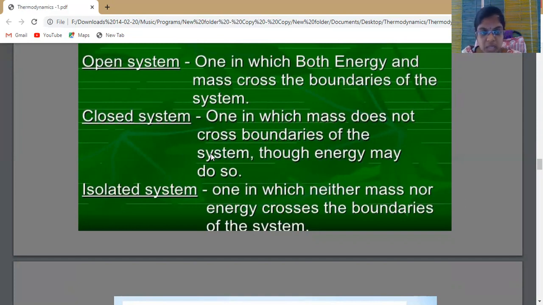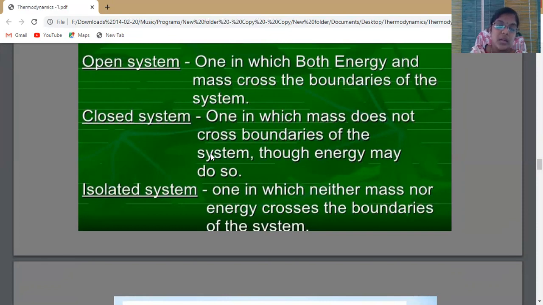Next we go to the isolated system, one in which neither mass nor energy crosses the boundary of the system. What it means is that mass is not flowing and energy also does not cross the boundary.